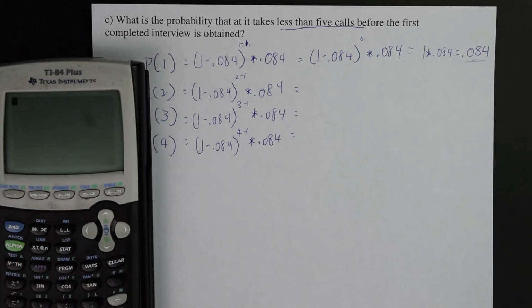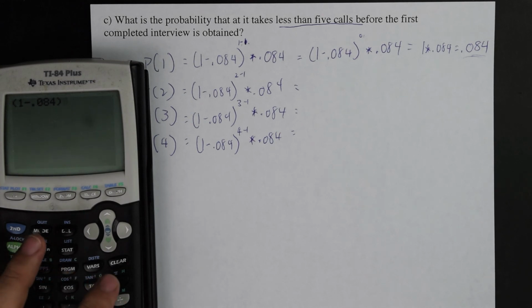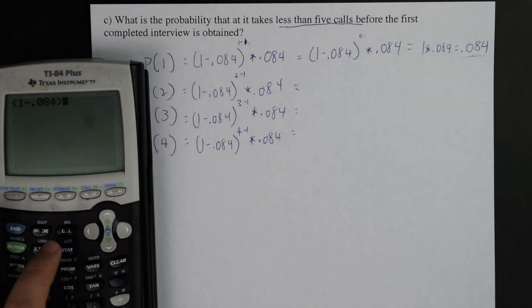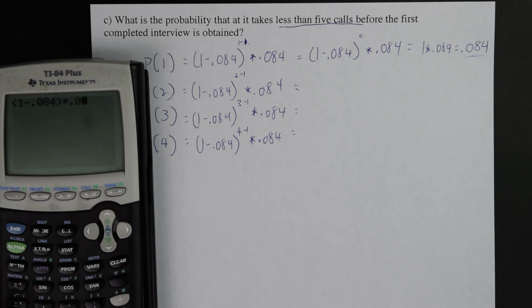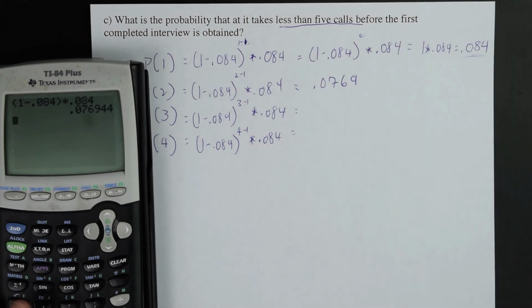I'm going to compute this real quick. (1 minus 0.084) to the 2 minus 1, which is 1, so I could just delete that, times 0.084, and it will be 0.0769. Now I'm going to keep doing that.